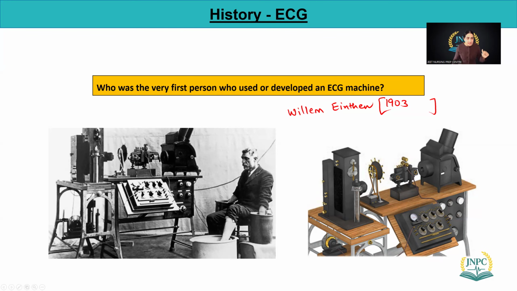And if you look here, this guy is sitting with some buckets, and those buckets, his hands are in those buckets. And look at those feet, they are already dipped in some solution, a kind of salty solution. So this Willem Einthoven was the first one who coined the term PQRST. And after that, they did a lot of modifications.